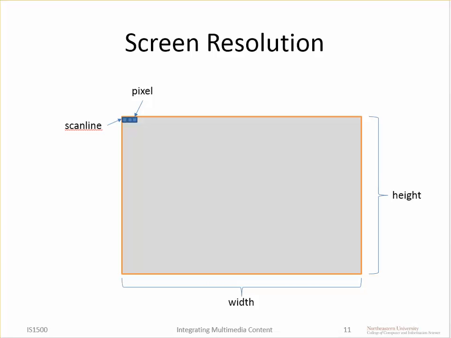It was coined in the 80s, and the short version of that is now called a pixel. So a pixel is a single dot on your screen. Each line on your screen is called a scan line. Your screen has a certain number of scan lines and a certain number of pixels per scan line. That makes up the height and the width of the screen. So a typical screen that you look at today is commonly 2048 pixels per scan line and 1920 scan lines.